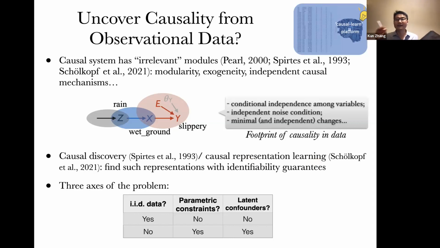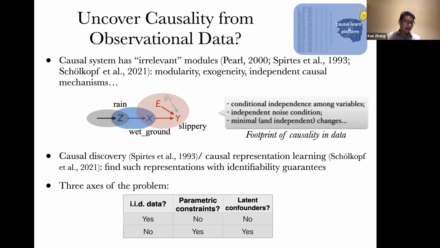What does it mean? It means they are involved in the underlying generating process. I can change one without changing any other, and so on. So equivalently, we can say those variables we can learn from data should be involved in the underlying data generating process so that we can mimic the generating process or control particular factors in it.